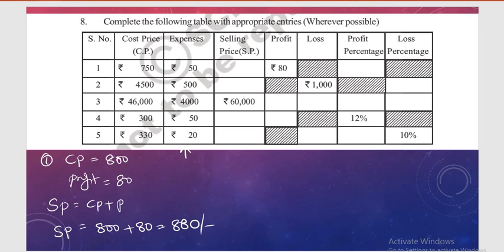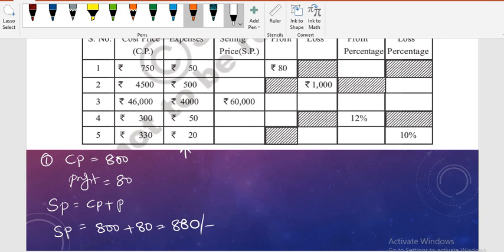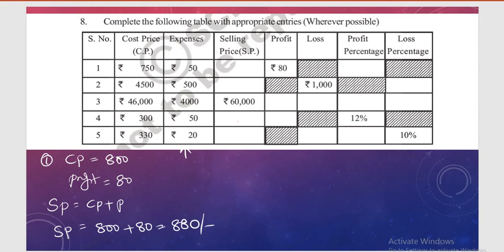So here I can fill out this particular thing. The selling price is 880 rupees. And for profit percentage, what did he ask? Profit percentage, no? Profit percentage is equal to profit by CP into 100.